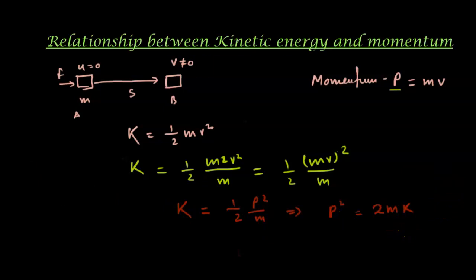Or we can write p equals root over 2mK. This equation represents the relation between kinetic energy and momentum.